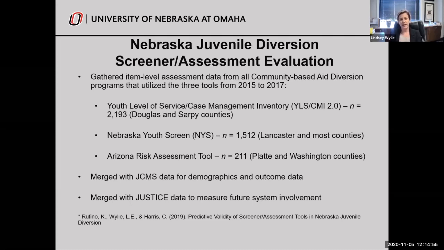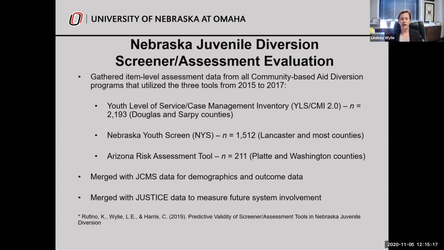We took that assessment data and merged it with the data that diversion programs enter into the juvenile case management system, so that we could get information about the referral date, discharge date, gender, race, ethnicity, and age. And in order to look at future system involvement, and also whether they successfully completed diversion, that was in the juvenile case management system.